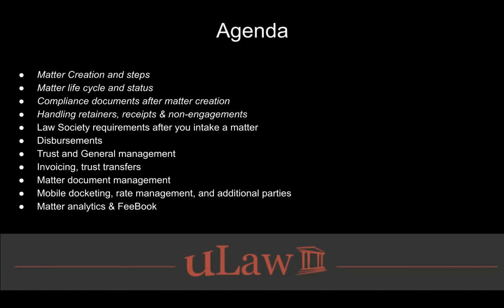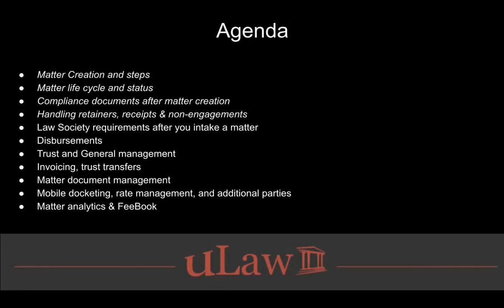Right from creating a matter to adding in dockets, raising invoices, doing any due diligence along the same lines, which includes, let's say, a trust transfer to be done only after raising an invoice, and a Form 9A, if you're in Ontario, needs to be created if you're doing a trust transfer using electronic mode, and many other things.